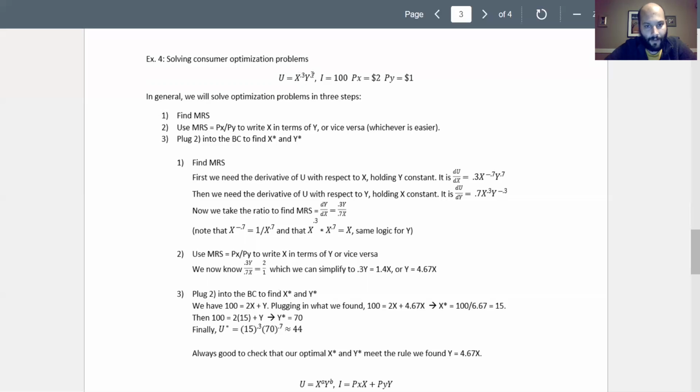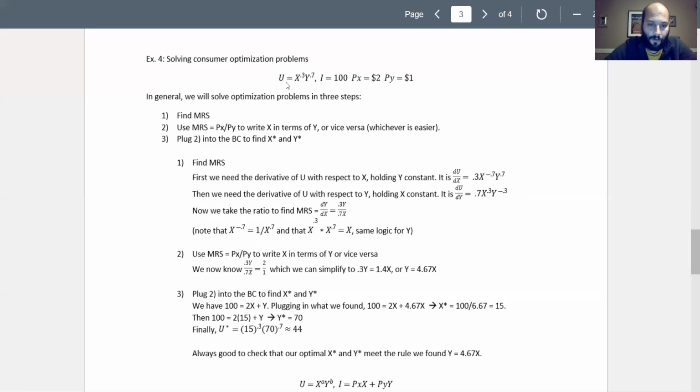We've got a y to the 0.7, so that's going to come along, and then we're going to bring the 0.3 down. We'll have 0.3 x to the 0.3 minus 1, which gives us a negative 0.7. So we've got 0.3x to the negative 0.7, y to the 0.7.